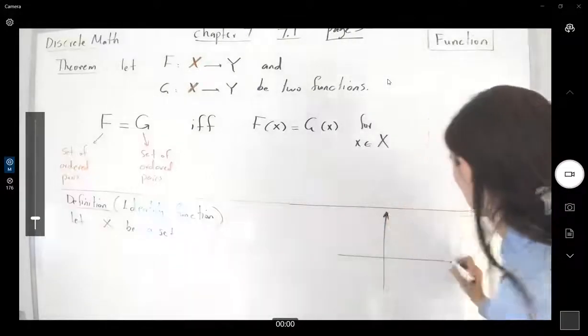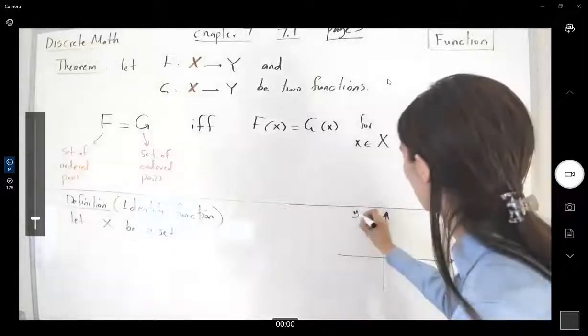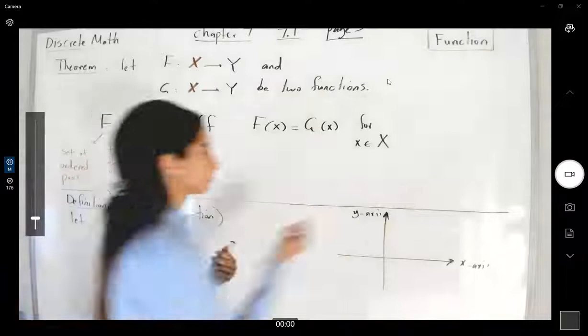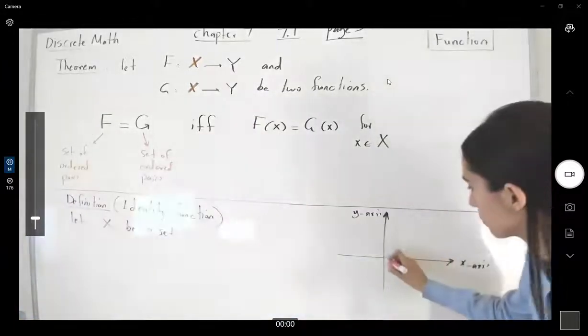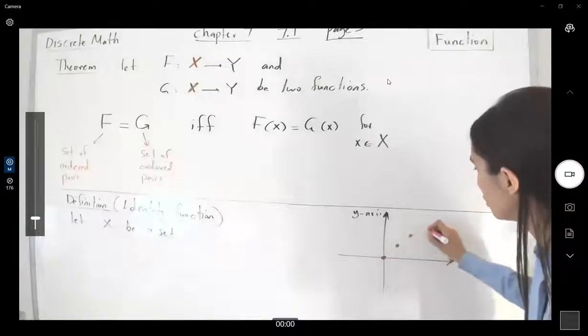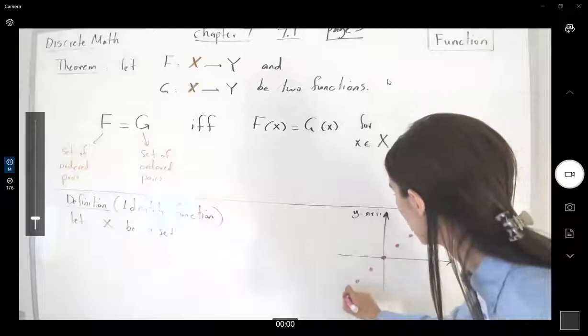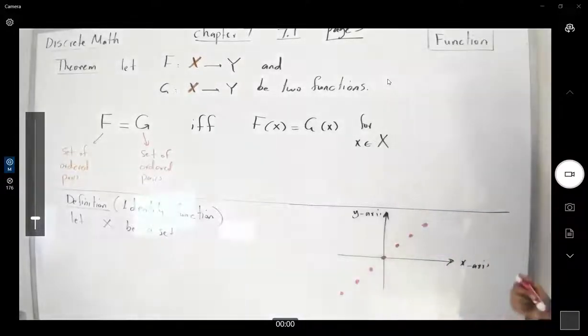Suppose this is the graph, the x-axis, and this is my y-axis, and I have some points. These are my points: (0, 0), (1, 1), (2, 2), (3, 3), (-1, -1), (-2, -2), (-3, -3).